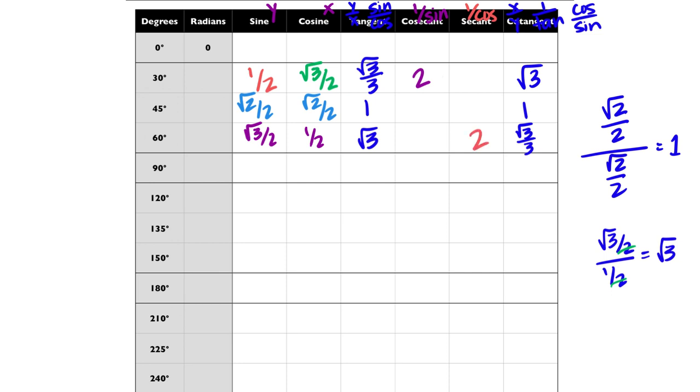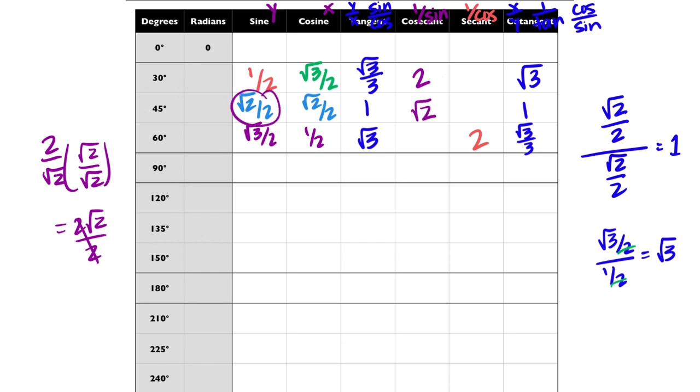Now these other reciprocals that have radicals in them we'll have to do a little bit of work with, but once we do it for these first 3, we'll notice that a pattern will continue for the rest of the chart and the rest of the circle, okay? So the reciprocal of √2/2 is 2 over √2, right? And then I would have to multiply top and bottom by √2, and I get 2√2 over 2, and that'll cancel. So it's just √2 for this one, and then another √2 for this one.